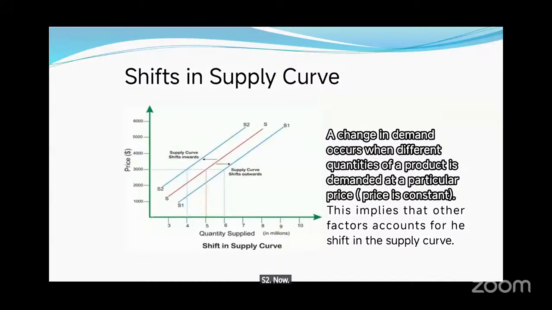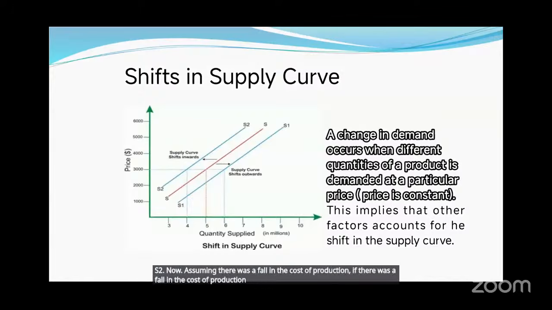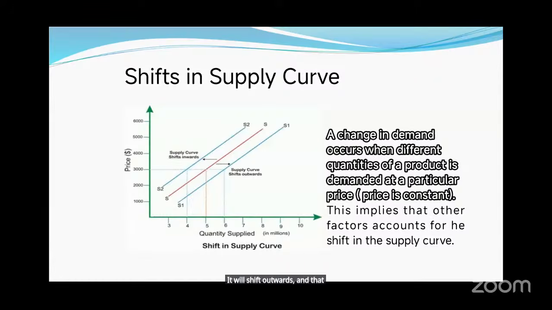Now, assuming there was a fall in the cost of production, it will lead to an increase in supply, and the supply curve will shift outwards. That's represented by S1.